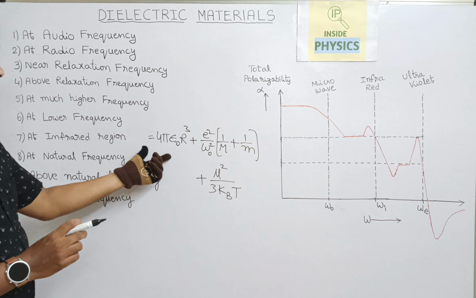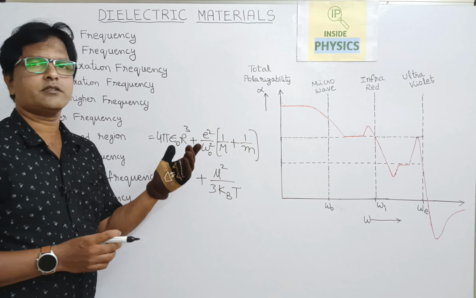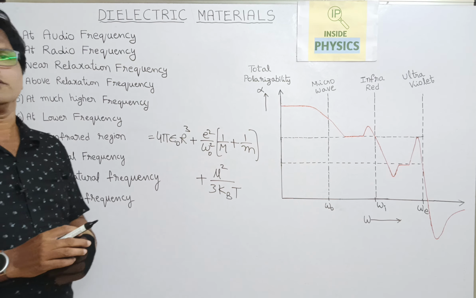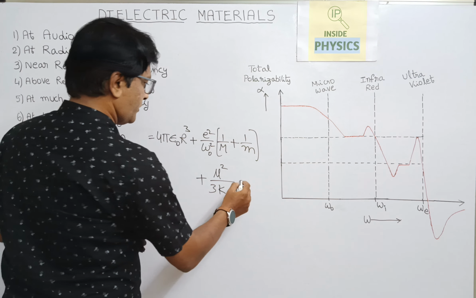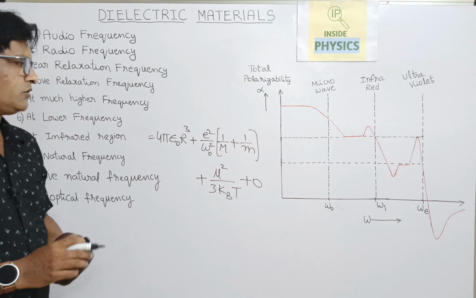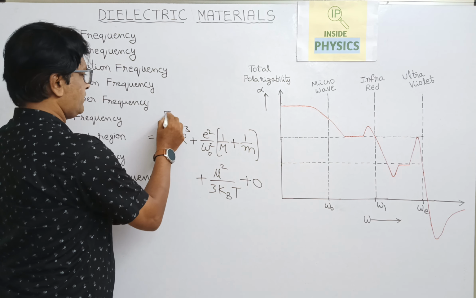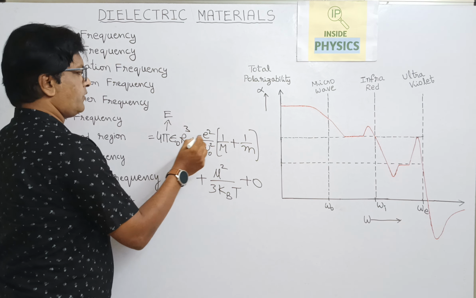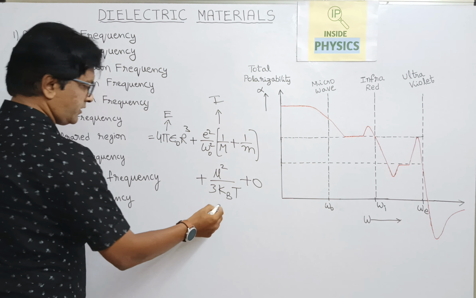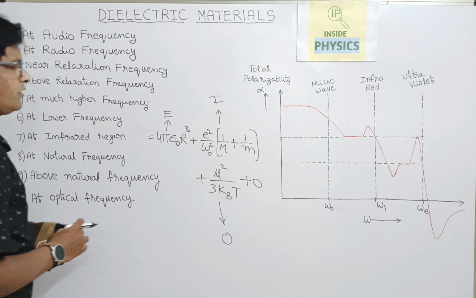So the total polarizability of a dielectric material, sometimes some materials will possess all the four. The space charge polarization we consider as very negligible, so we take it as 0. This is for electronic polarization, this is for ionic polarization, and this is for orientation polarization.